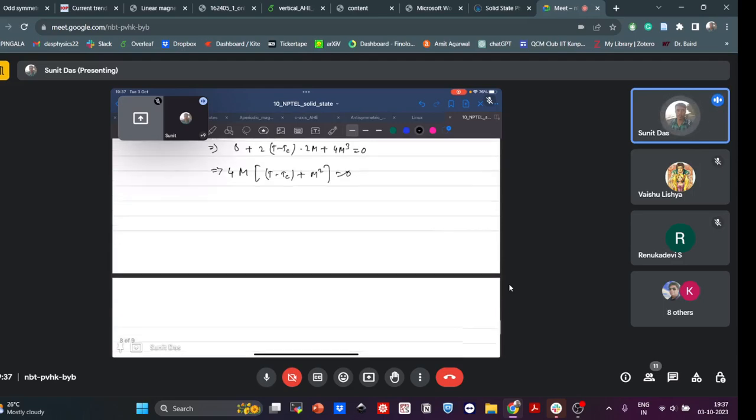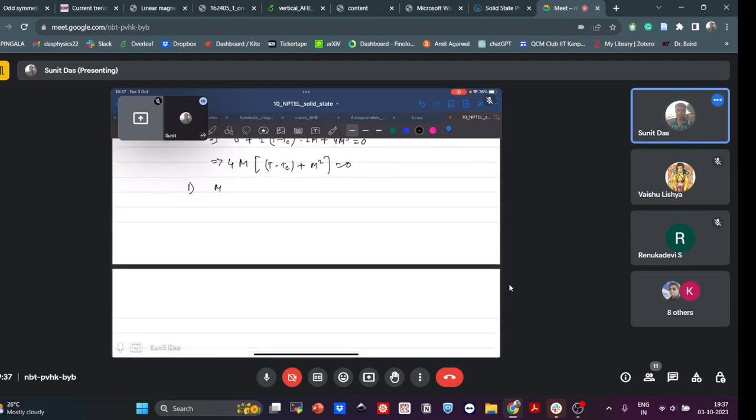So there are two conditions. First condition is either m can be 0, that is the trivial solution, and the second condition is m square plus t minus tc is 0.